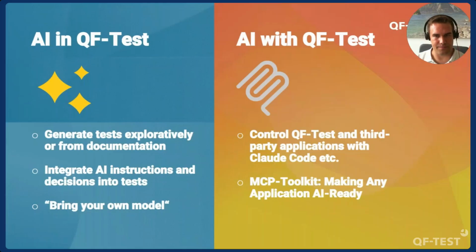First, some concepts about AI and QFTest. In our thinking, we split it in two areas. We have AI in QFTest and AI with QFTest. So AI in QFTest are all the features you can use in QFTest with AI. So we have test data generation, test suite generation, the AI instruction node, and an AI scripting module.